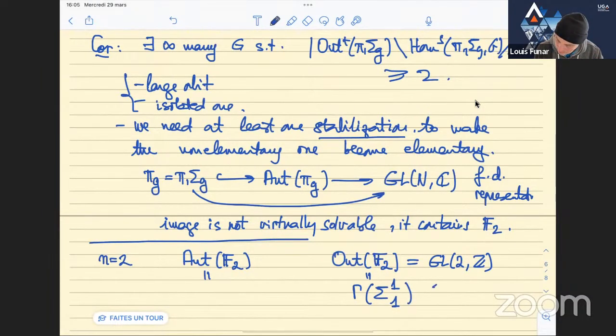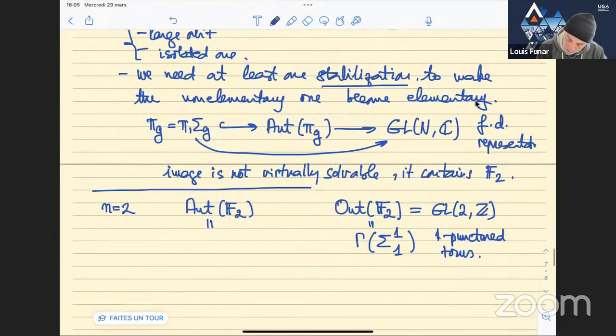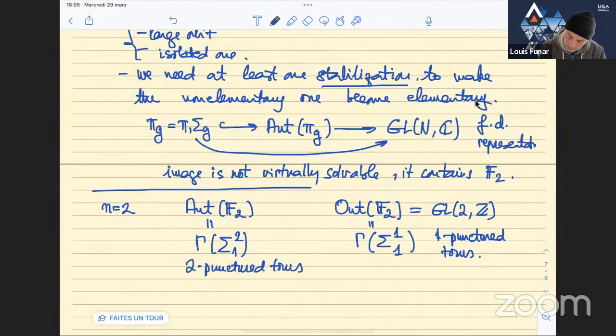So this is the 1-punctured torus. And the outer automorphism group appears to be isomorphic to sigma 1, 2 of the punctured torus. And when I'm taking that, this is the pure mapping class group.